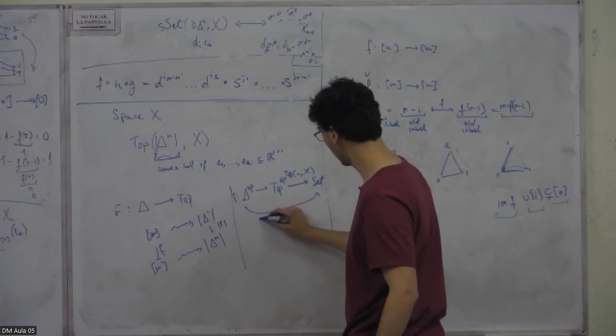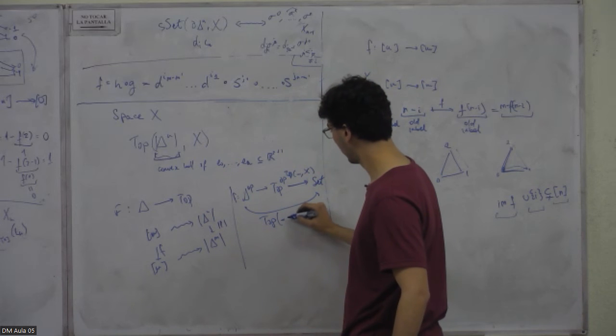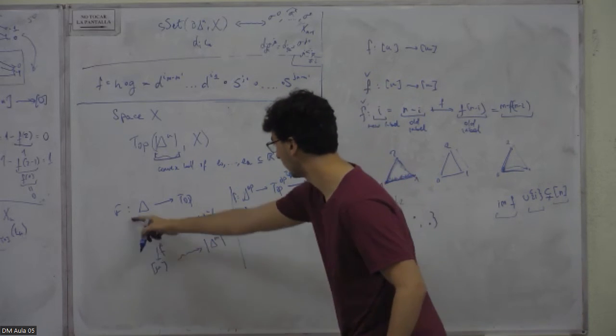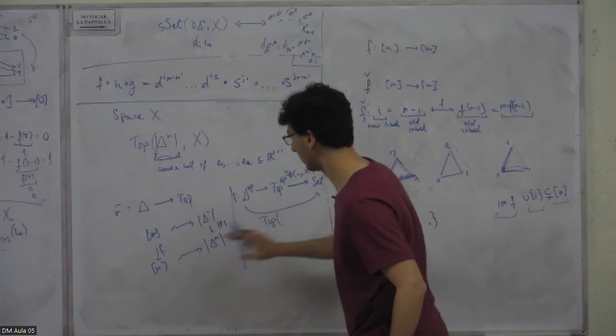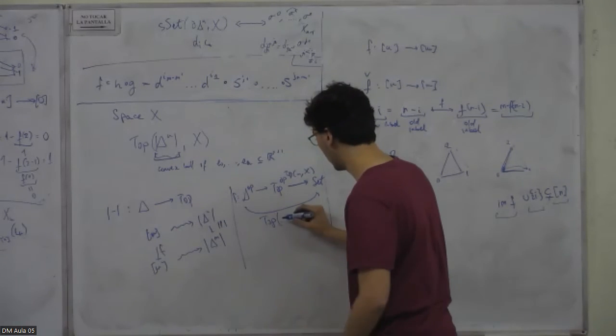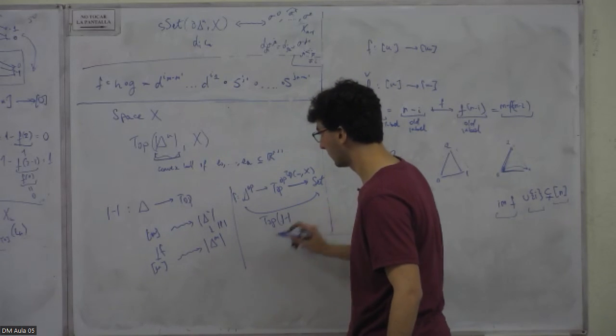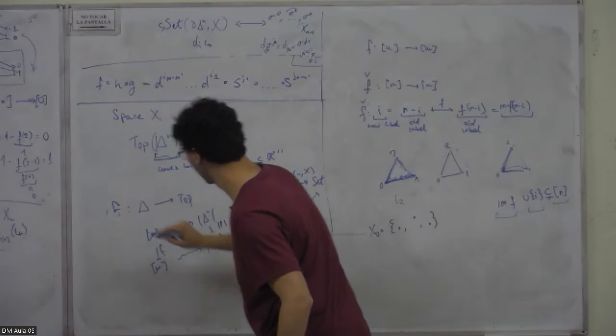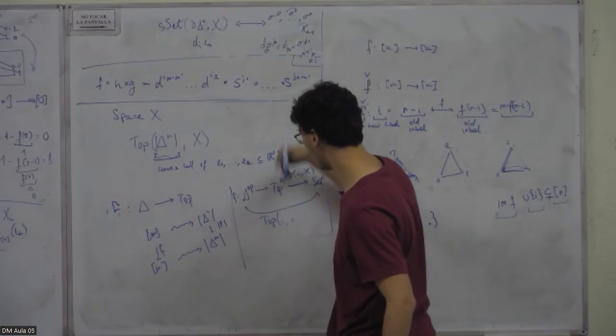So basically this is Top of, if this functor is called f, or I could call it like this for the moment. Okay, let's call it f.